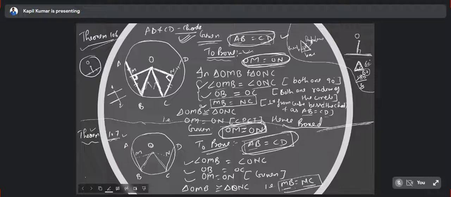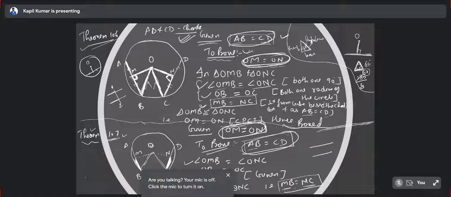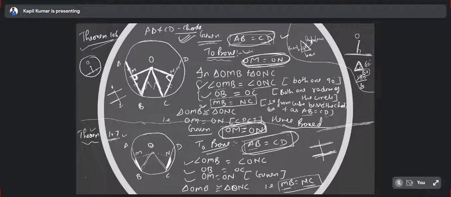Again we will quote this statement: perpendicular bisects the chord. Here we are bisecting this chord, and here also we are bisecting this chord. So if the half distance is equal, the full distance will also be equal.